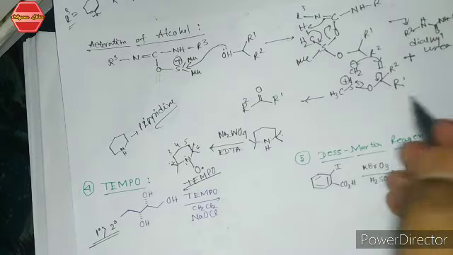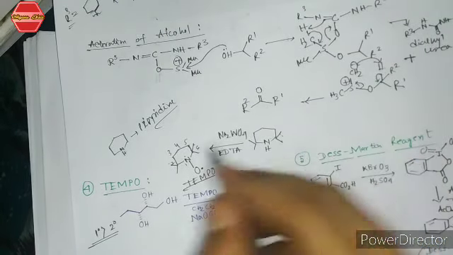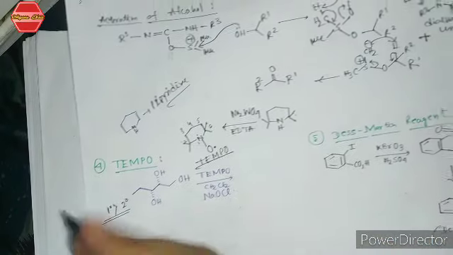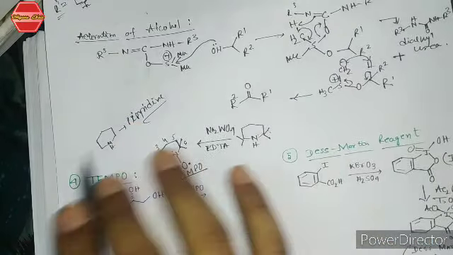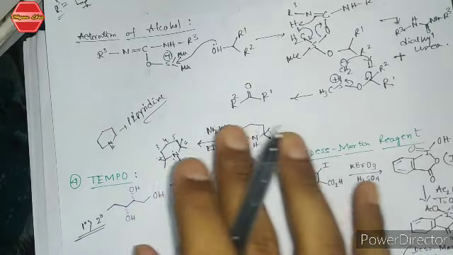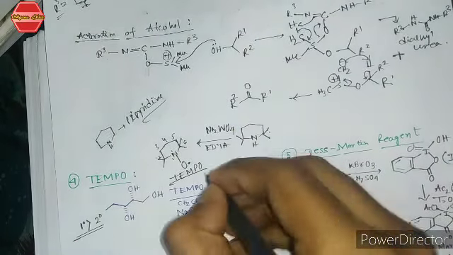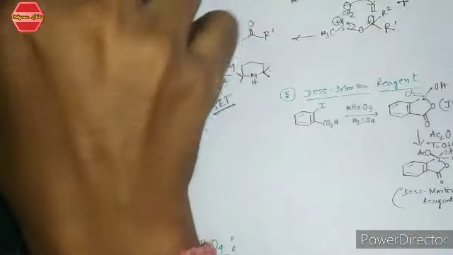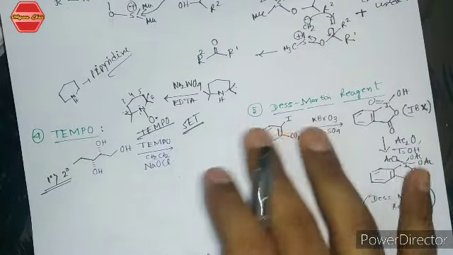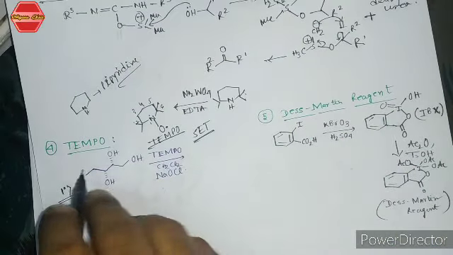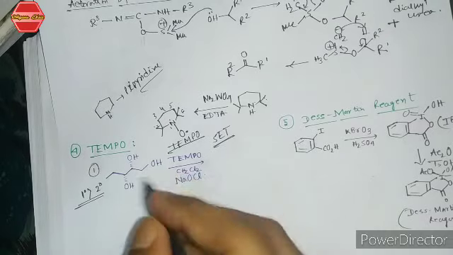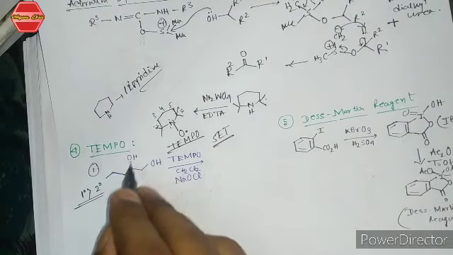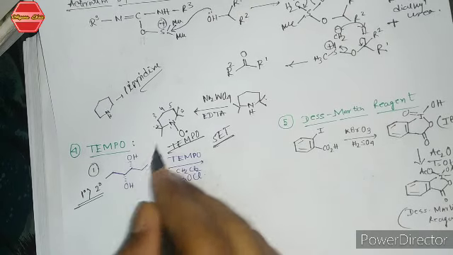Okay, so now TEMPO has an important role, that is very much selectivity. I already said that this is for 1 degree alcohol. The mechanism goes via the single electron transfer method, that is SET method, single electron transfer method. Okay, so now see, if we take a compound like this, this compound contains 2 types of alcohol, that is this one is 2 degree, this one is also 2 degree, and this one is 1 degree.